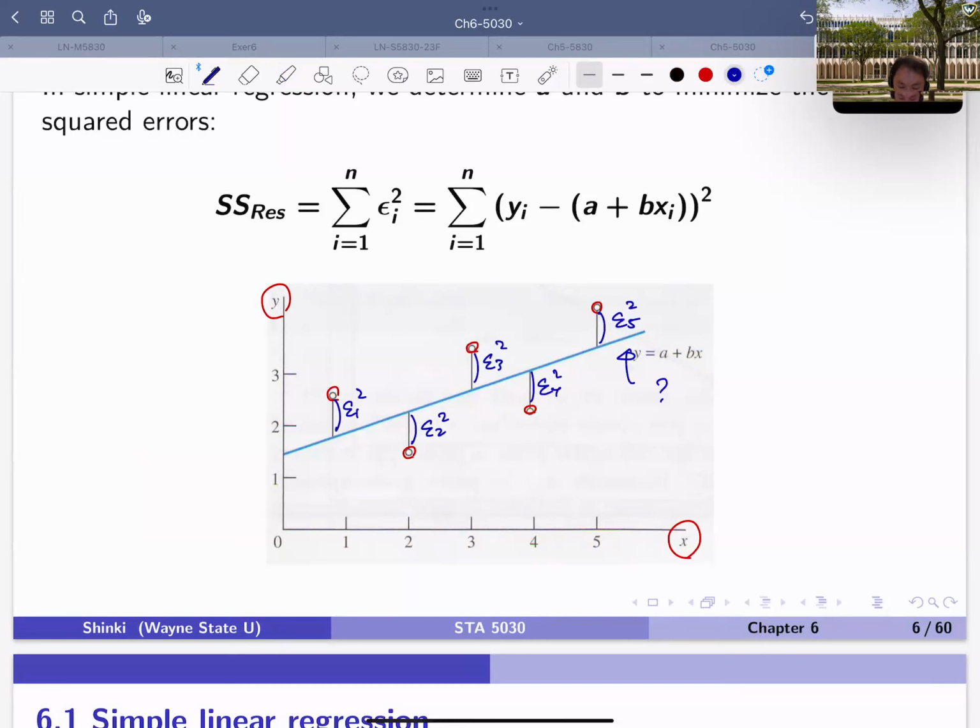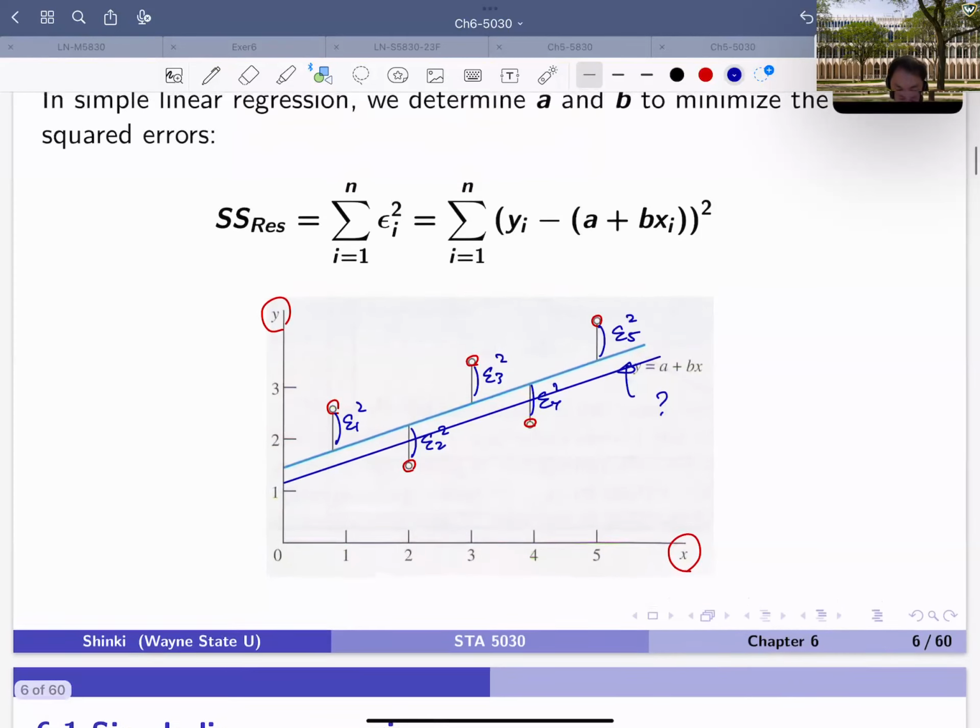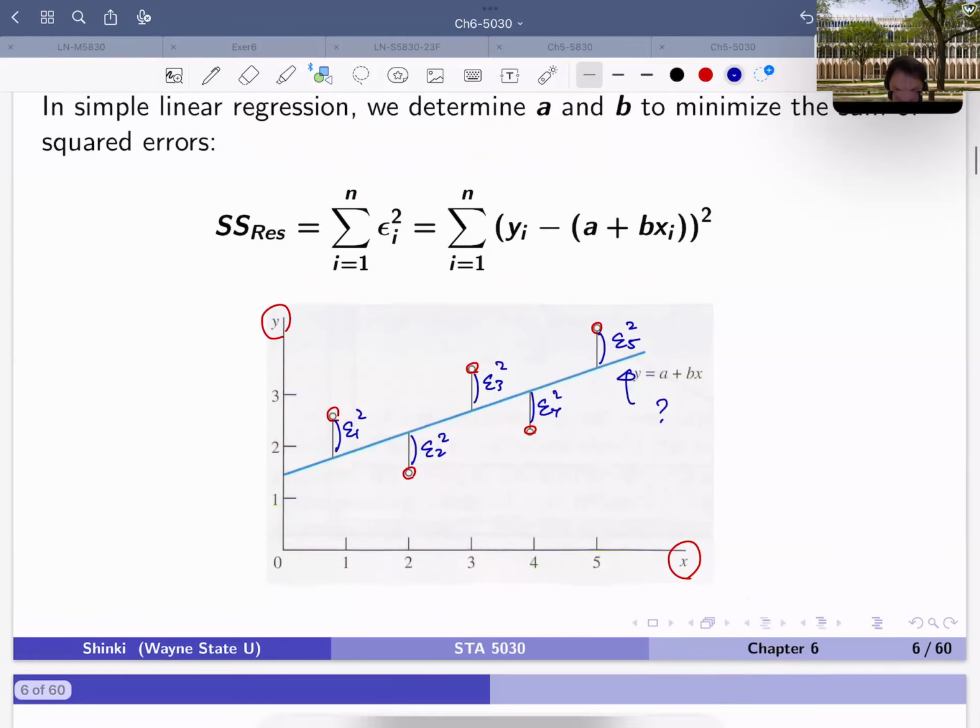So if we, for example, shift the line a little bit, like this, or maybe a more interesting example, maybe this. Then you can see the sum of the squared errors, the sum of epsilon i squared, gets larger.